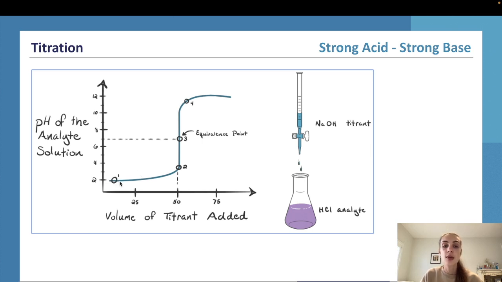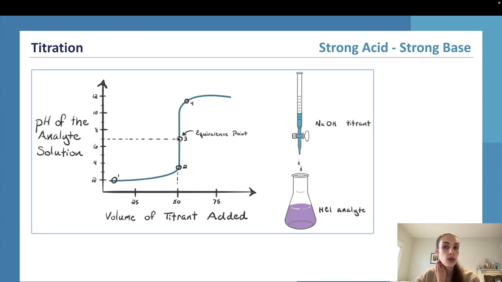As we progressively add more and more, we have a little bit of a buffer which occurs, but eventually we reach this point where the buffering can no longer counteract the addition of the sodium hydroxide. And so we have this sudden change in pH, a very significant increase in pH.